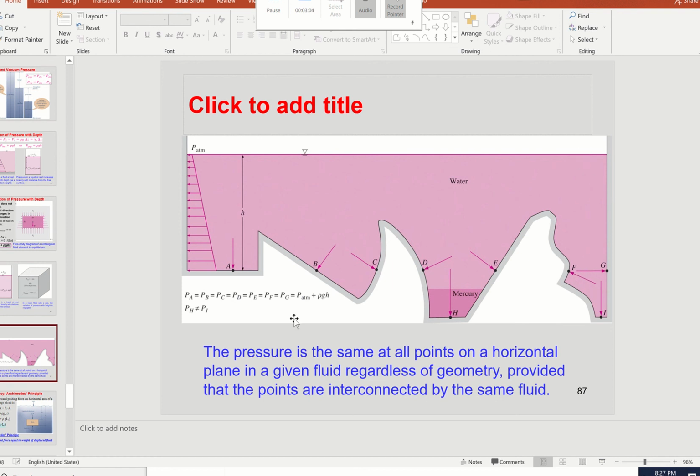So using that formula, atmospheric pressure plus rho GH, they are going to have the same pressure. So the pressure is the same at all those points if they are on the same horizontal plane, regardless of the geometry, as long as they are connected by the same fluid, because rho is the density of the fluid, okay?